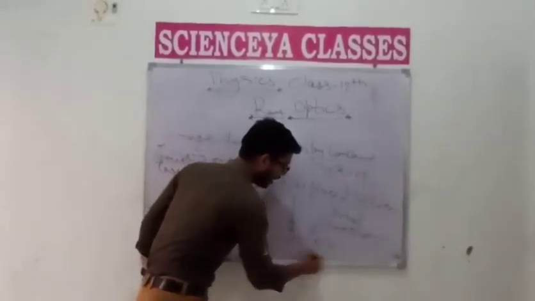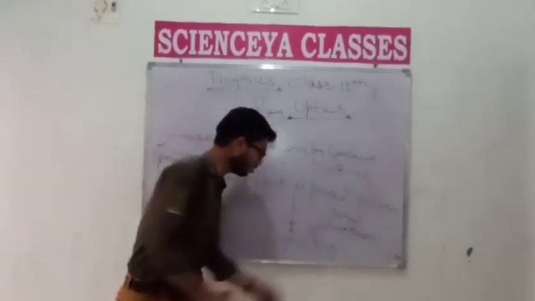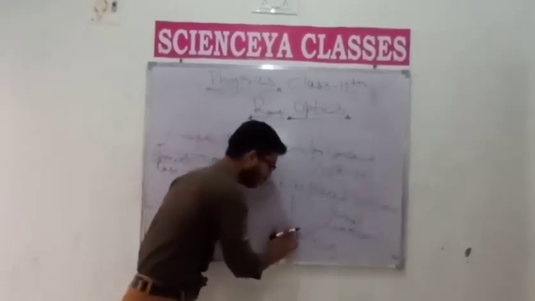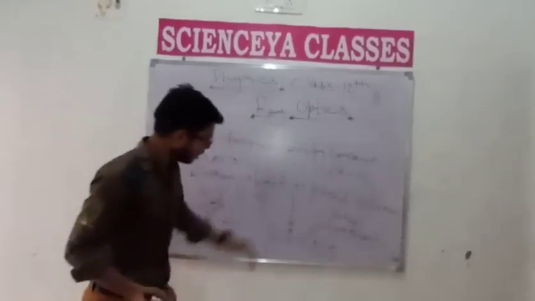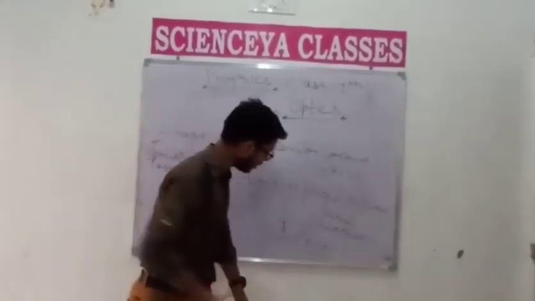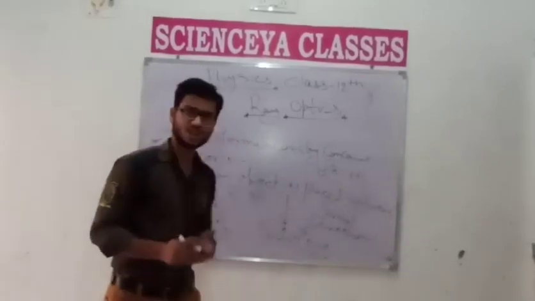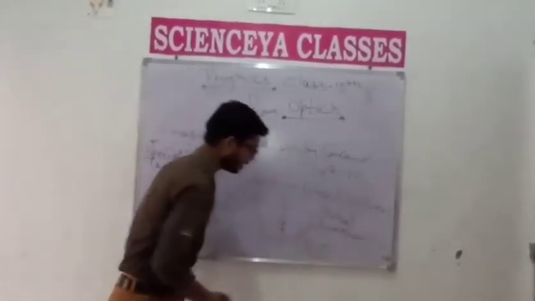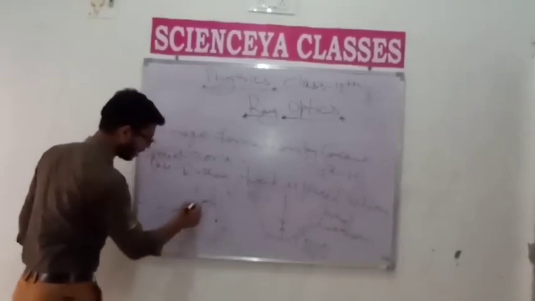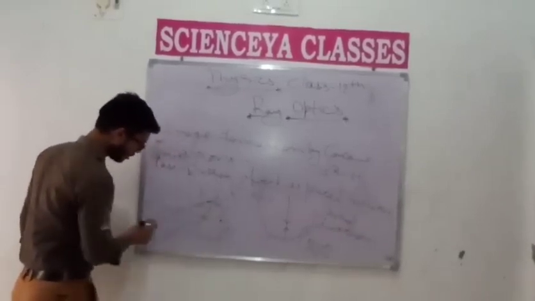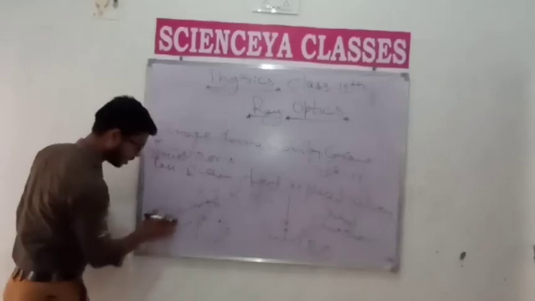So student, here the angle is 0 degrees. It is not 90 degrees, because the ray is reflected at the same angle. The incident ray and reflected ray both lie on each other, so the angle is 0. The ray incident on the surface of the concave mirror is reflected backward through the center of curvature.